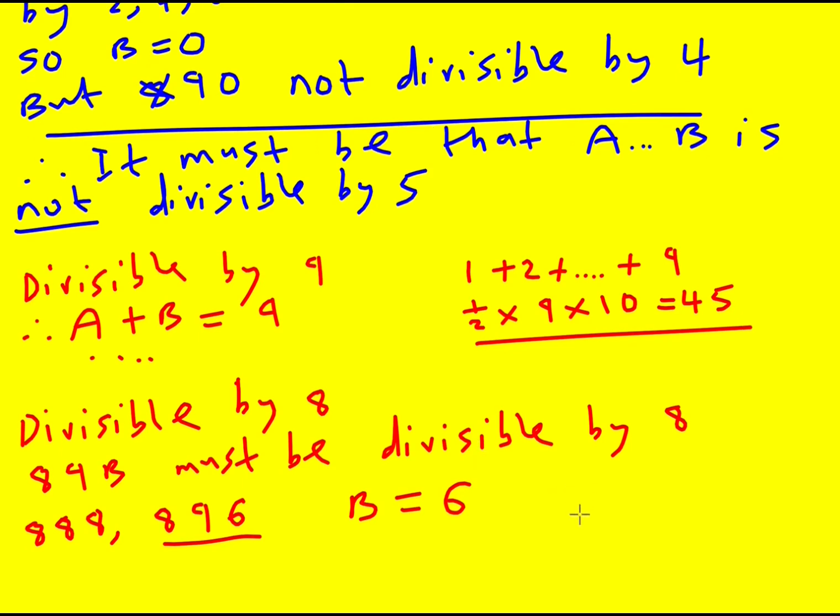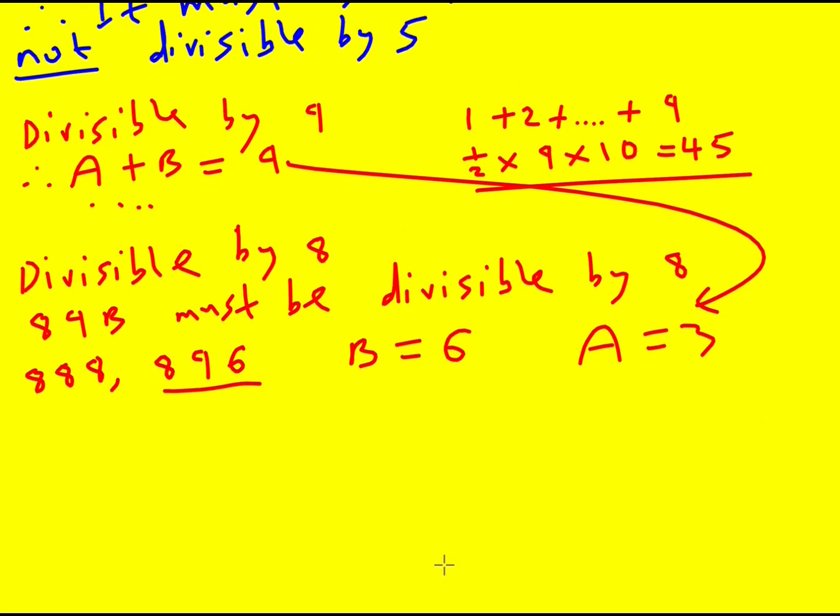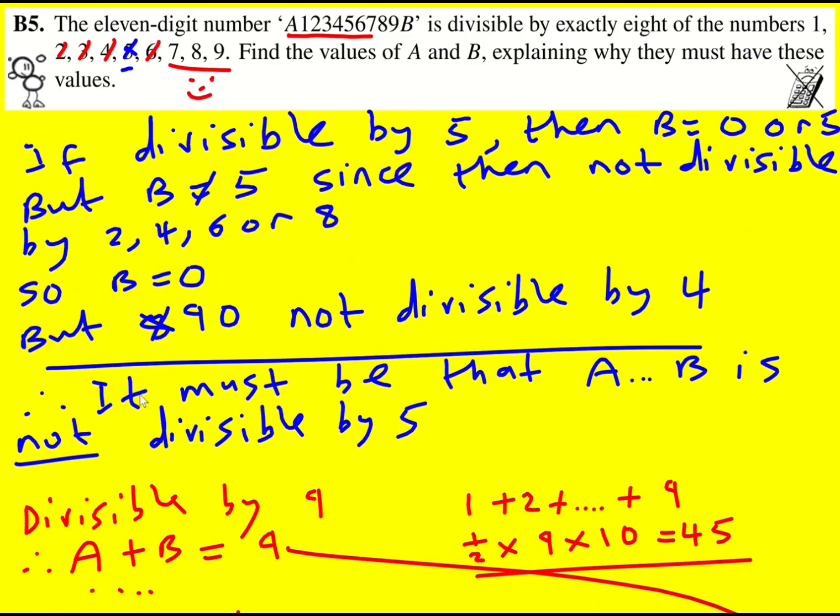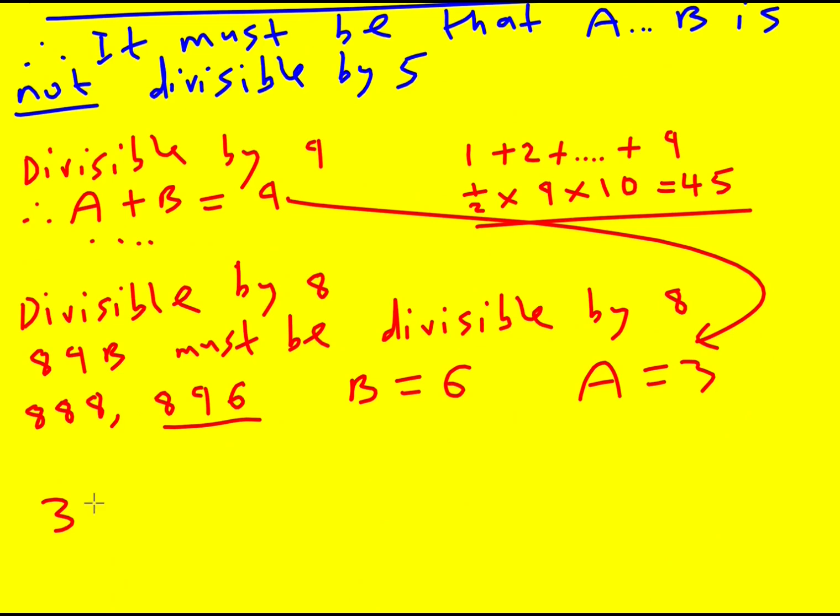And therefore A must equal 3 from this here. So we've got 3 followed by 1, 2, 3, 4, 5, 6, 7, 8, 9. And then right at the end, we've got a 6. And that is our number.